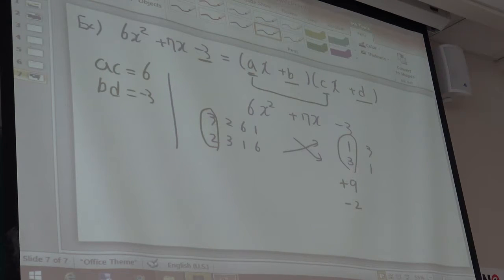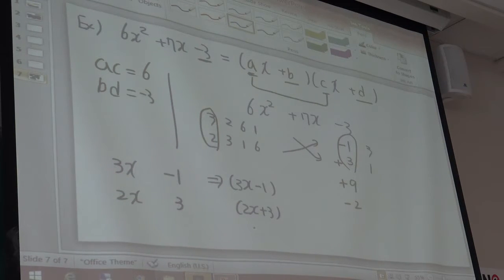So to get a plus 9 we need a plus, and to get a negative 2 we need a negative 2. Then we have a combination of 3, 2, negative 1 and 3. So that is x and x. This implies we have 3x minus 1, and this implies we have 2x plus 1. So we have 2 factors. And that is one way.